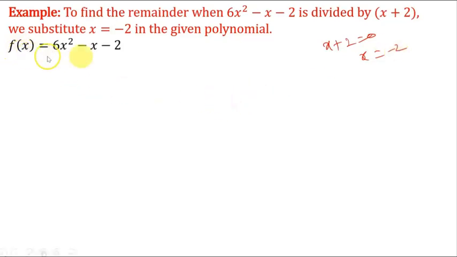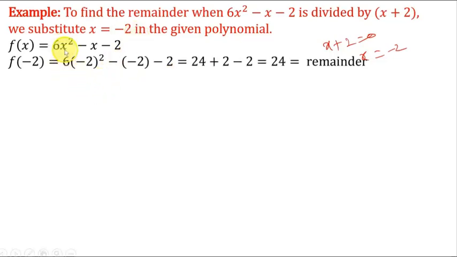Okay, f(x) is equal to our polynomial 6x square minus x minus 2. Now replace x by minus 2, that is 6 into (minus 2) square minus (minus 2) minus 2. Minus 2 square is 4, 4 into 6 is 24. Minus (minus 2), minus and minus will become plus, that is plus 2 minus 2. Plus 2 minus 2 get cancelled, you will get 24 and this is the remainder.